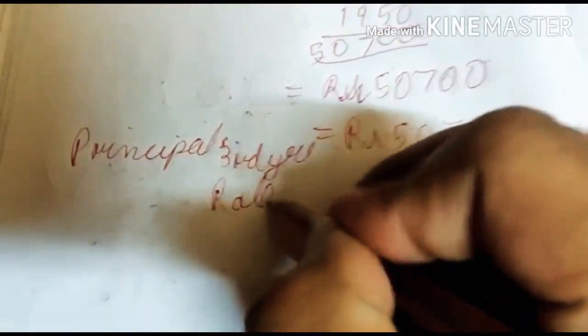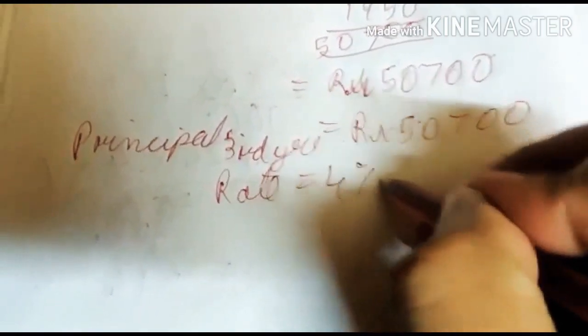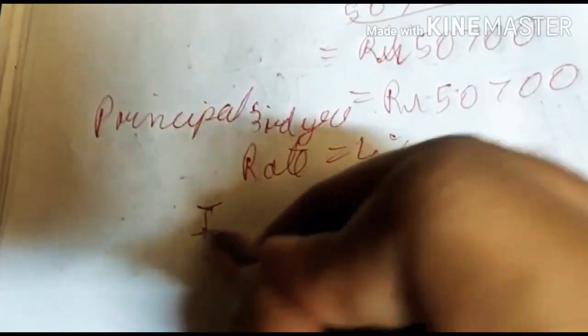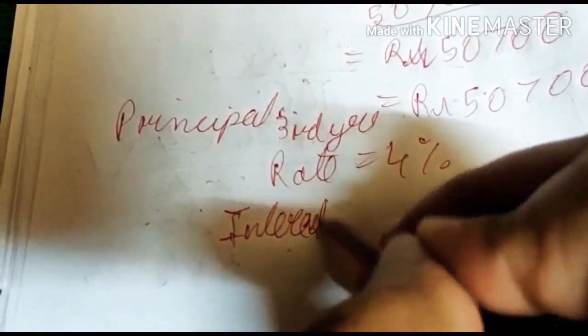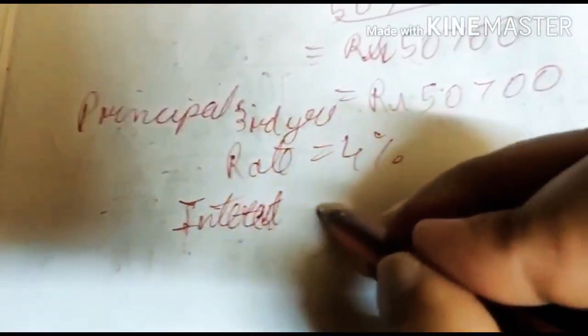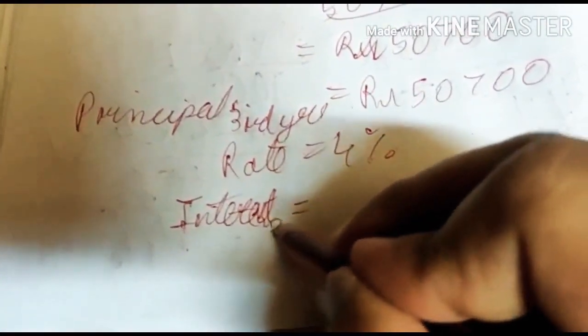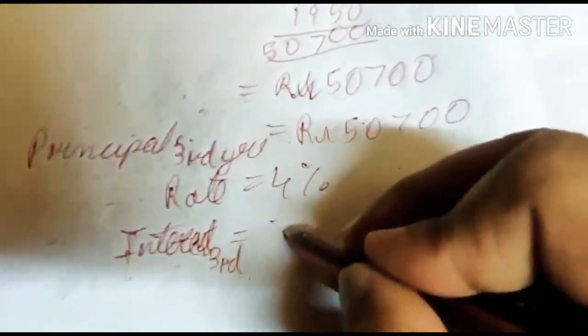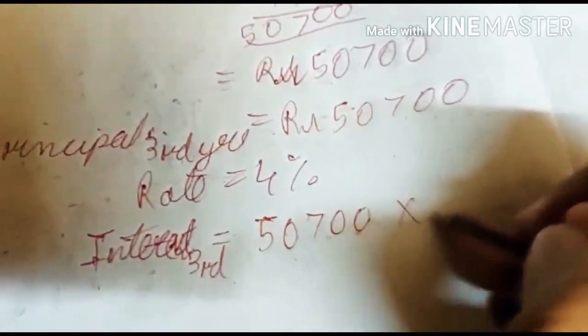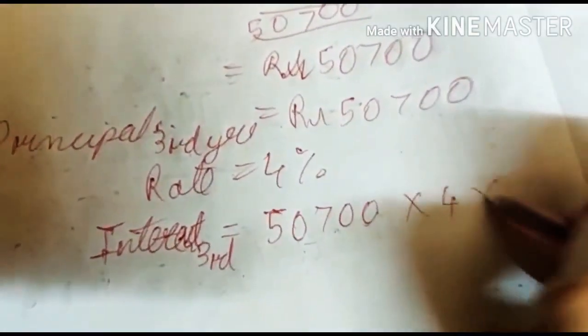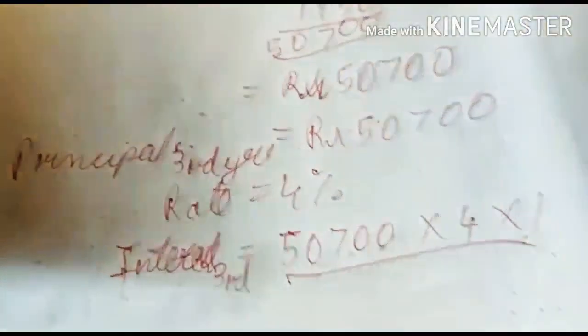Rate is the same, 4%. So interest for third year will be P into R into 1. Time is only for the third year.